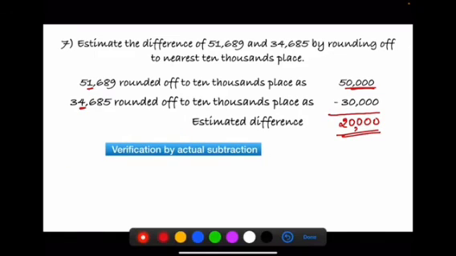Verification by actual subtraction. I'll subtract the actual numbers. 51,689 minus 34,685.